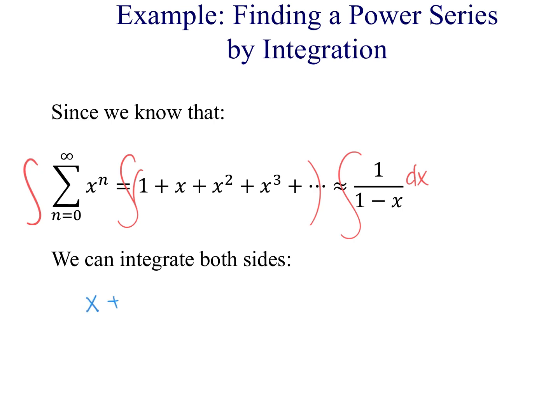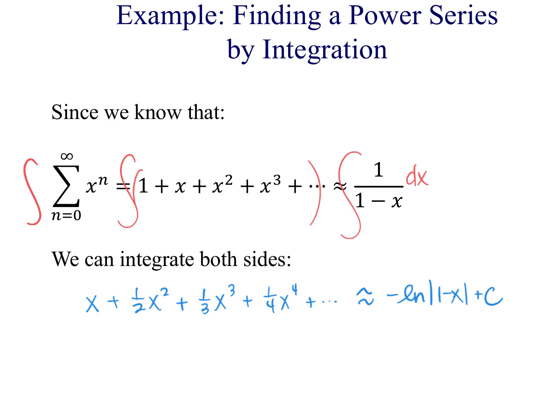The integral of x is half x squared, 1/3 x cubed, 1/4 x to the 4th, and so on. All of that would be the antiderivative of 1 over 1 minus x, which is the negative ln of the absolute value of 1 minus x plus some constant c. It's negative, again, because of the chain rule.